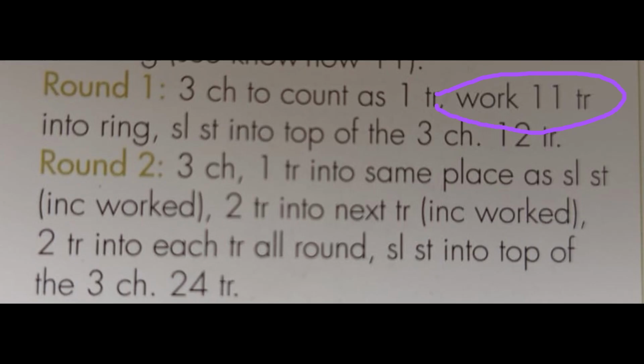So then once you've chained the 3, you're going to work 11 treble stitches into that ring that you have made. Okay? Then once you've done the 11 trebles, you're going to slip stitch into the top of the chain 3 that you made at the very beginning. Once you count your stitches, this will leave you with 12 treble stitches.